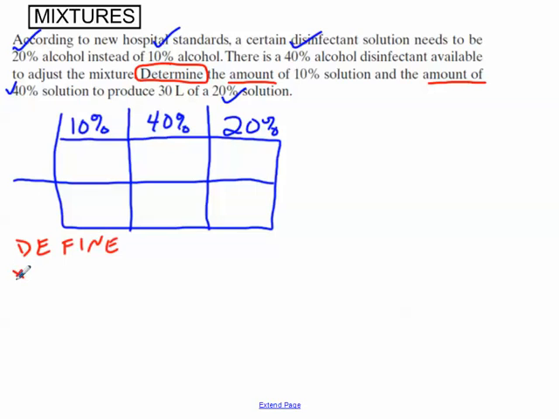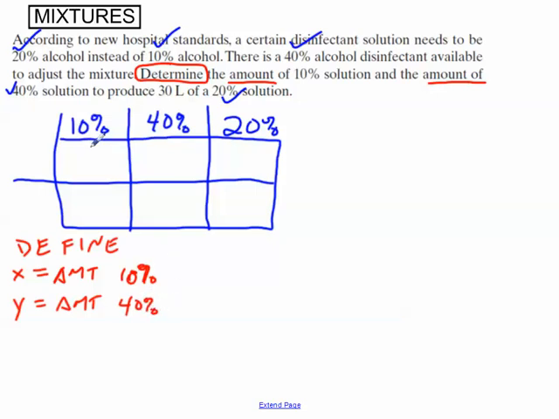Because we're going to deal with x's and y's, we're familiar with dealing with x's and y's. Define x as the amount of 10% solution. Then also define y as the amount of 40% solution.